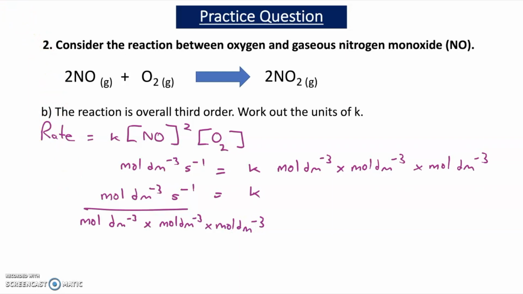So there's moles per decimeter cubed on the top, and there's 3 moles per decimeter cubed terms on the bottom. So if we cancel one on the top and one on the bottom, we're then left with K being equal to s to the minus 1 over moles per decimeter cubed times moles per decimeter cubed. And moles per decimeter cubed times moles per decimeter cubed is moles squared dm to the minus 6.